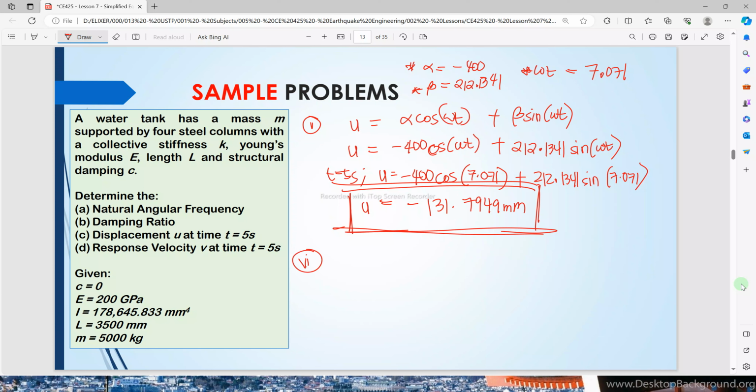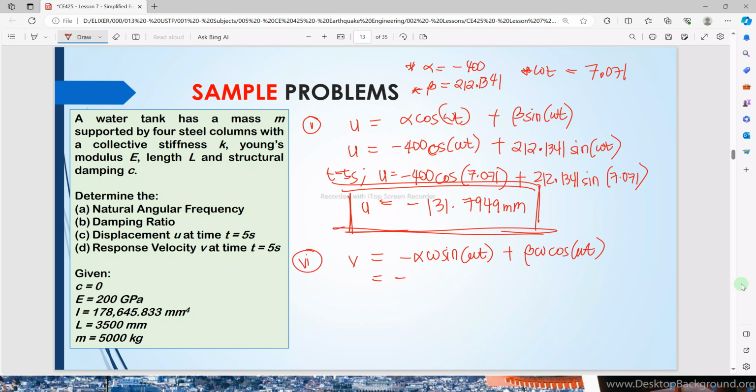Now let's solve the velocity response when time is equal to 5 seconds. Our velocity is equal to negative alpha omega sine omega t plus beta omega cosine omega t.